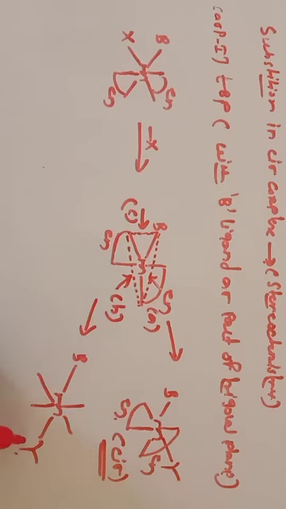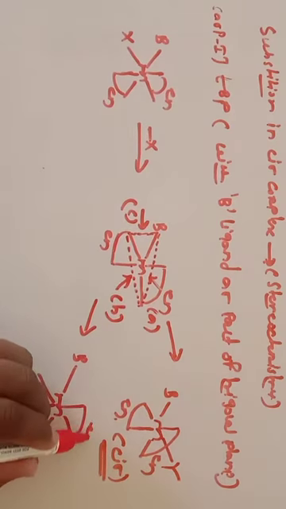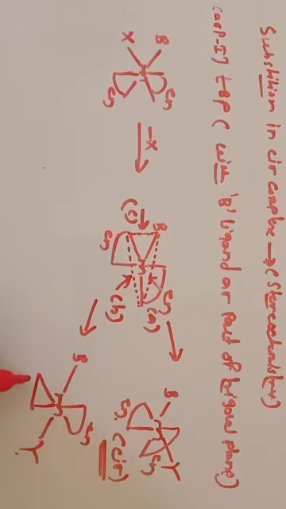So B and Y are trans to each other, with the two en ligands, and we get the trans isomer. You should keep in mind that after dissociation the ligands are rearranged and rotated in such a way that we get the trigonal bipyramidal intermediate.